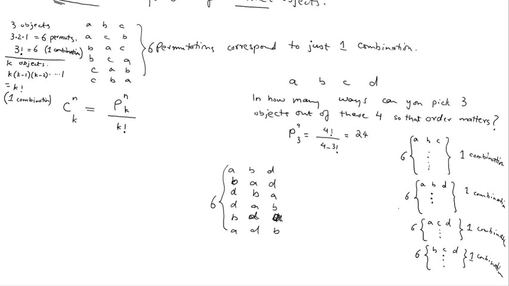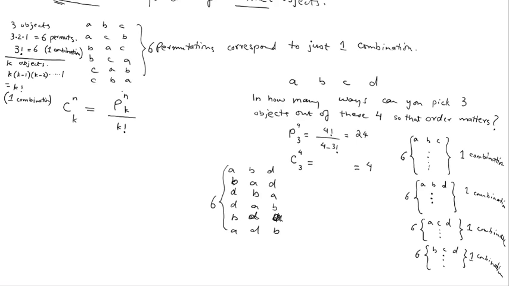So how many combinations did I get? 4 combinations. So from 4 objects, if I pick 3 objects and I do not count the different orderings, then I get, according to you guys, 4 combinations, because we just counted 4 combinations here.